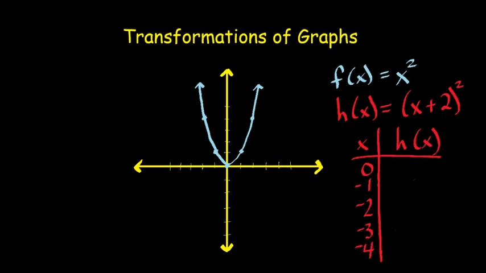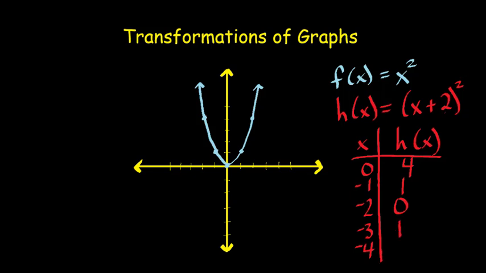And calculate some values. When x is 0, 0 plus 2 is 2, and we square that to get 4. When x is -1, -1 plus 2 is 1, we square that to get 1. And of course, -2 plus 2 is 0. -3 plus 2 is -1, but -1 times -1 is 1.